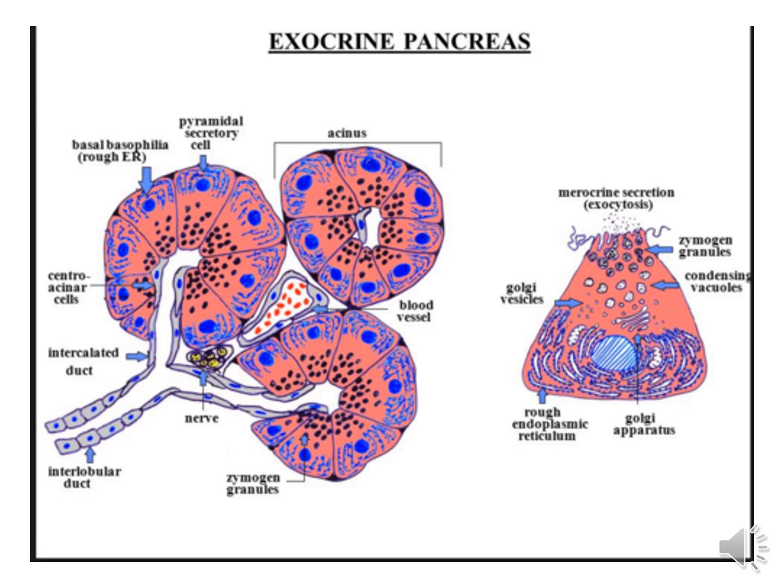So this is a compound acinar gland, and the secretory units of exocrine pancreas consist of serous acini, each of which is made up of 40 to 50 pyramidal serous cells enclosing a central cavity. So this is a central cavity and 40 to 50 cells are there in a serous acinus.